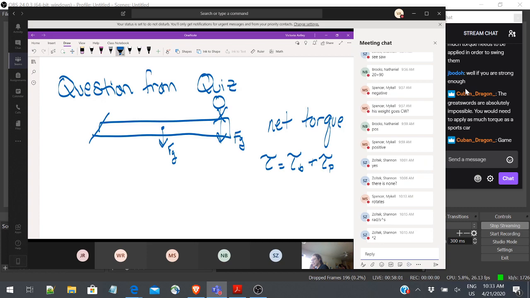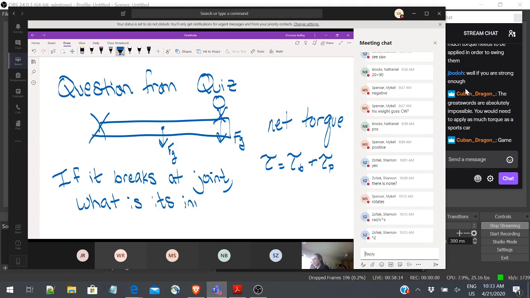So the question might be, if it breaks at the joint to the tree, what is its initial angular acceleration as it starts to fall?